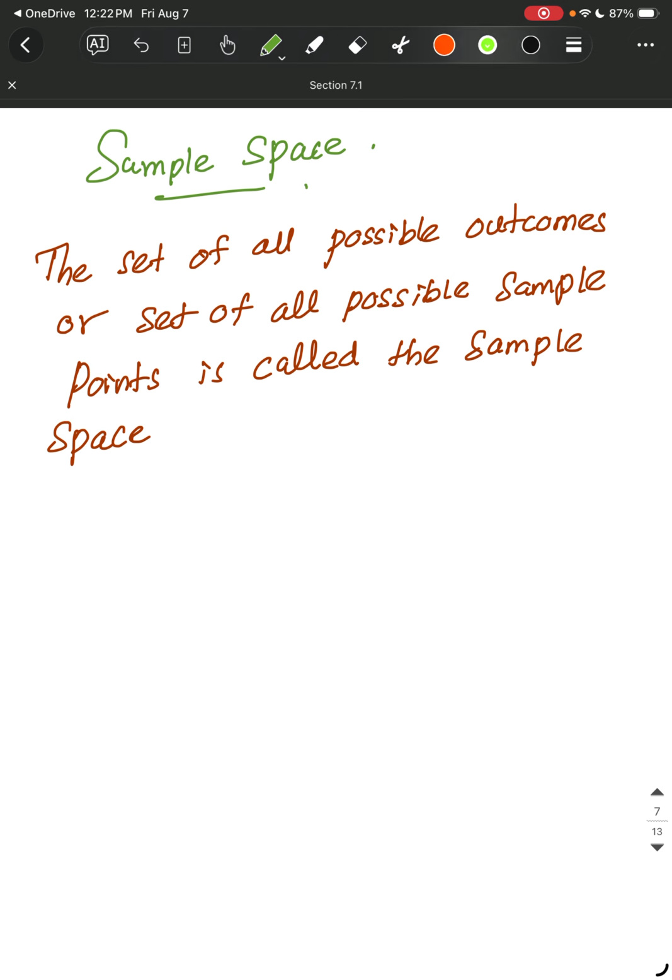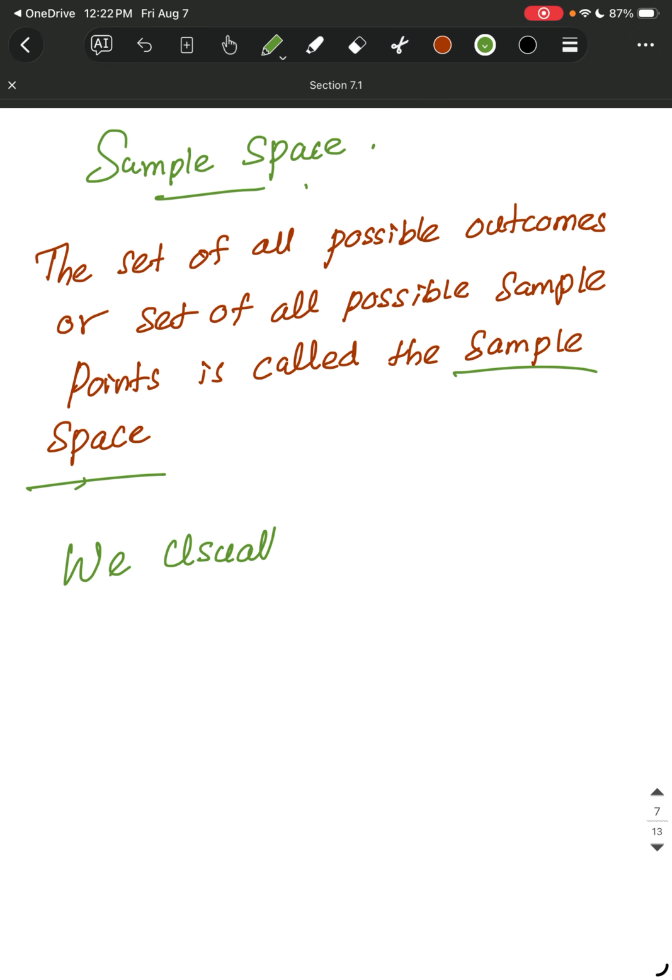We usually denote it by using the uppercase letter S.